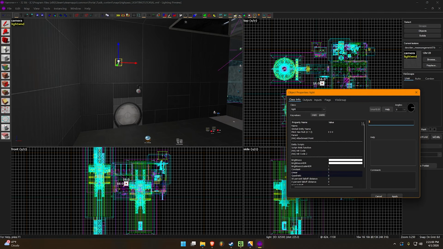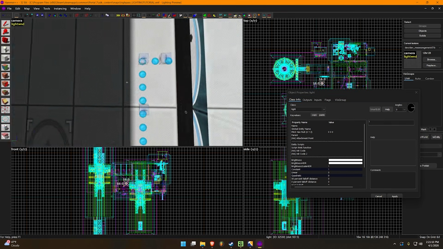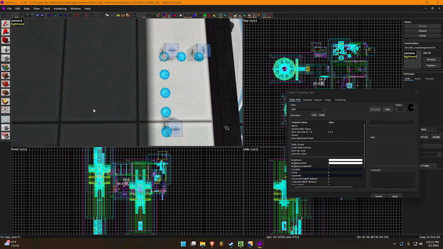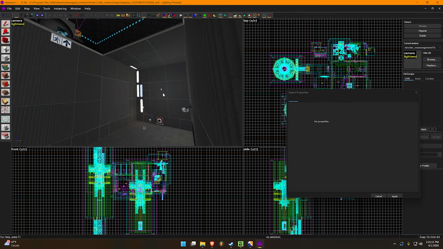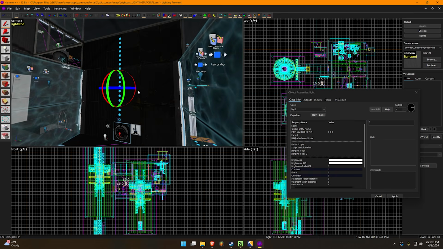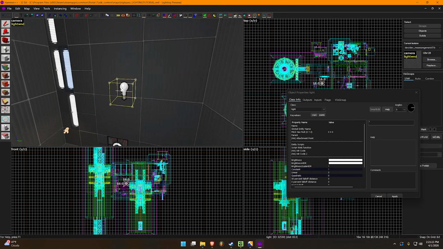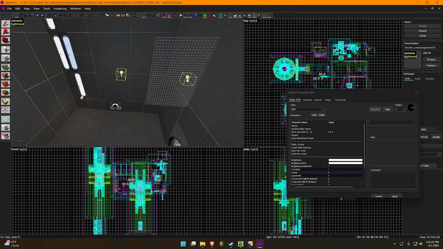And if I set it to constant, by setting linear to 0, if I can type, and constant to 1, now you can see it is a direct fall off. This light is either fully bright or fully dim. And I can actually take this and drag it to the wall.